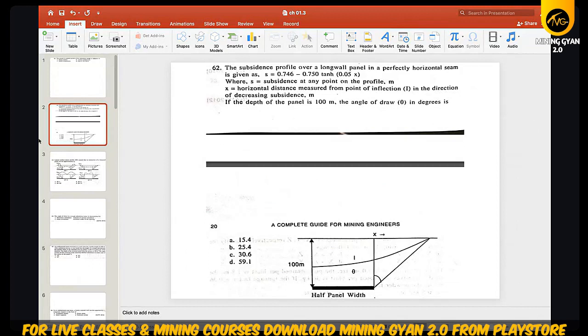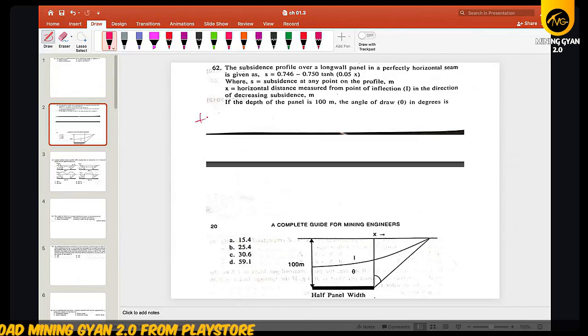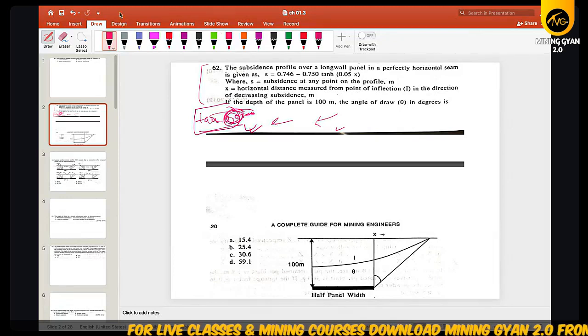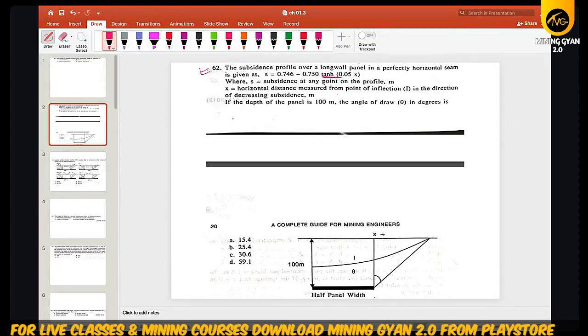If this type of question is asked in your exam, he will definitely provide the value of the tanh 0.05x, because it is calculative and a calculator is not allowed in your examination. I will show you how to solve it, but if he gives this type of question, he will definitely provide you the value of the tanh.